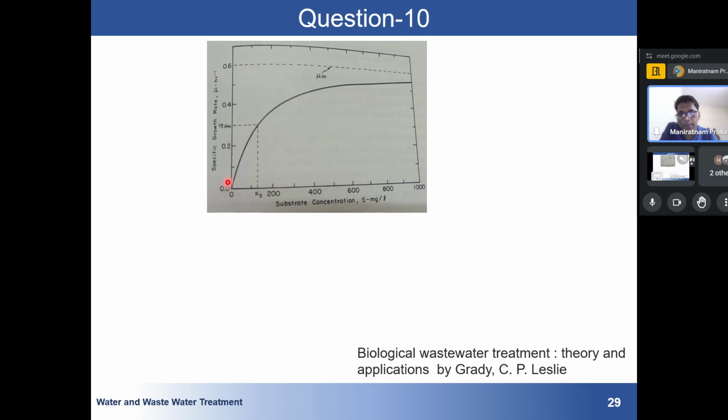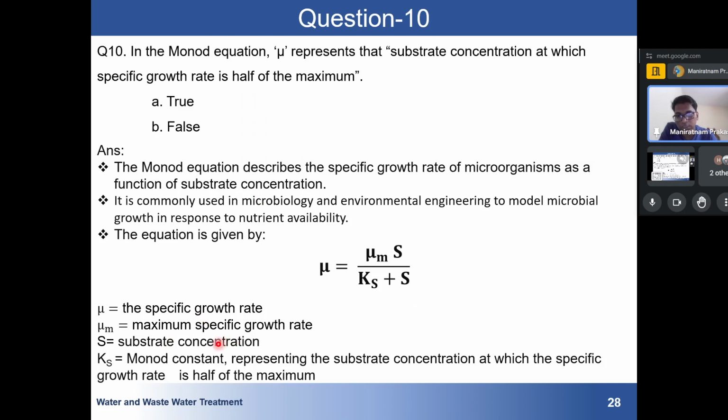The specific growth rate will attain some maximum growth rate, and at the point where the growth rate is half of that mu_m, the corresponding substrate concentration is known as the Monod constant.